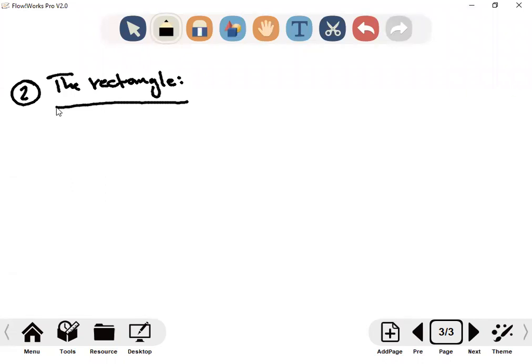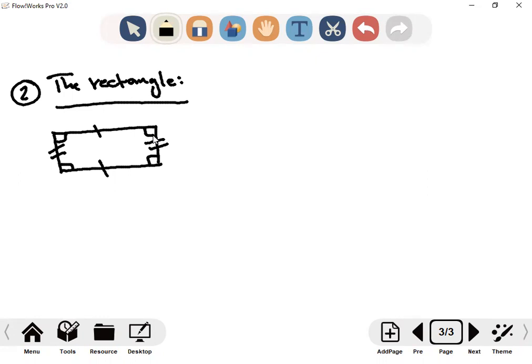Now, in the rectangle, it's a special case of the parallelogram. It has similar things, like each opposite sides are equal and parallel. But what is the special thing here? That the 4 angles are right angles.